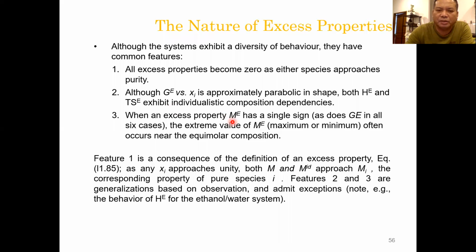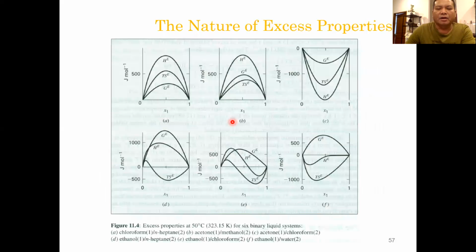exhibit individual composition dependency. GE is always parabolic. You can see here GE parabolic, GE parabolic, parabolic here, and parabolic. Correct? But TS here is parabolic, but not here.